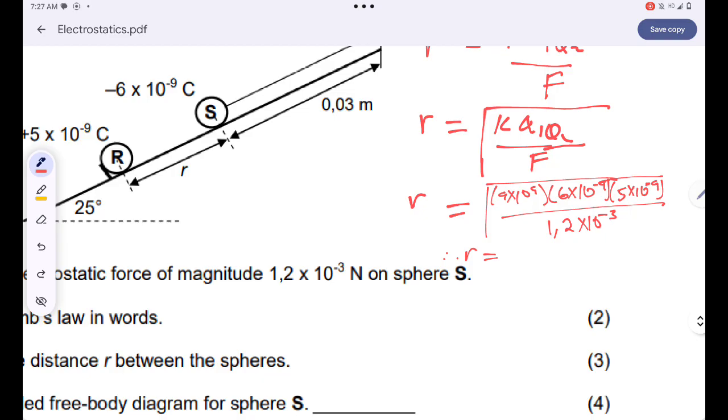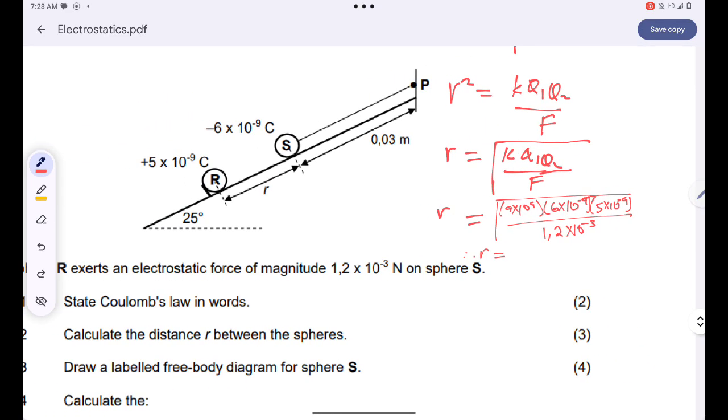Inside the square root I have 9 times 10 to the power 9, 6 times 10 to the power -9, 5 times 10 to the power -9, and at the bottom 1.2 times 10 to the power -3, and then I'll simply get an answer of 0.015 meters. So r is basically 0.015 meters.